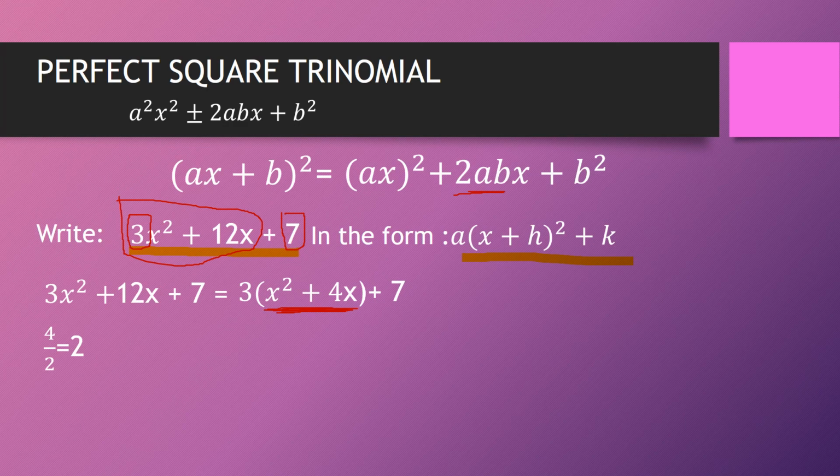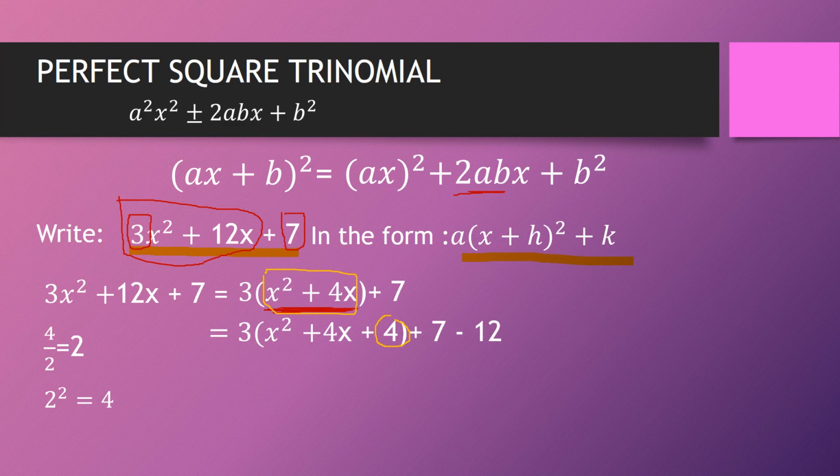The value of b is 2, and 2 squared is 4. What are you going to do? To complete a square of this expression, I'm going to add 4 inside of the parentheses, because 4 is the value of b squared.